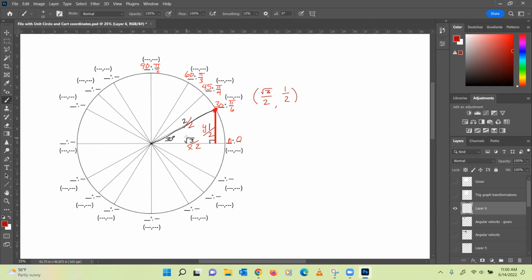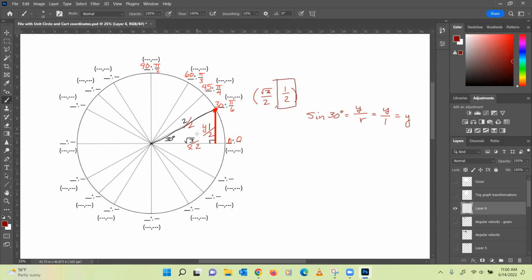Now, let's take a look at this just a bit. Sine of 30 degrees is opposite, which is the y, over the hypotenuse, which is r, and r equals 1, that means our y value is the sine of 30. 1/2 is the sine of 30 degrees.